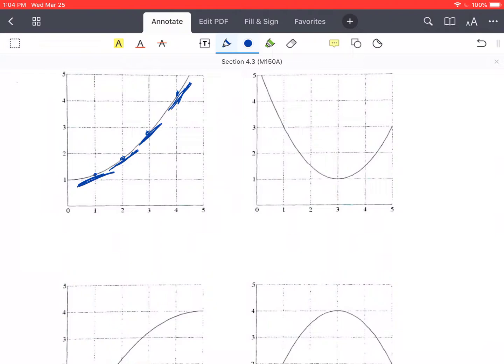Well, this tells us that f prime is greater than 0 because the slopes are all positive. But the derivative here, is it getting larger or smaller? Well, we go from a little more flat to a little more steep. So we say f prime is increasing.